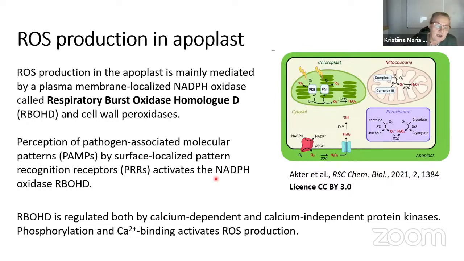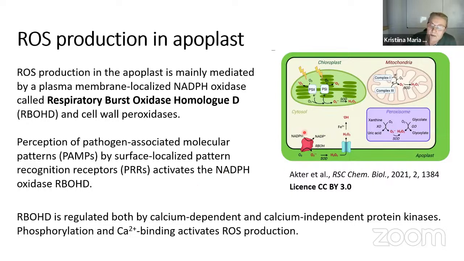We have perception of pathogen-associated molecular patterns on the surface of the plasma membrane. There are these PRR receptors that can activate the RBOHD and the ROS production.